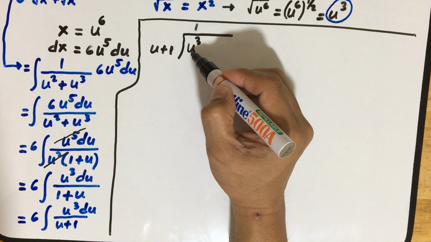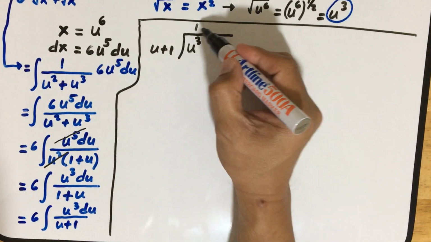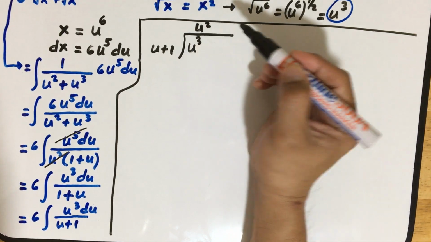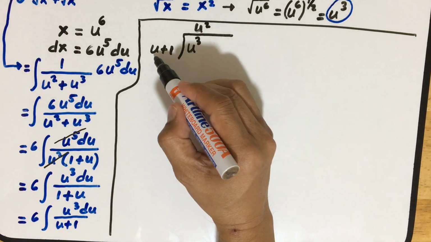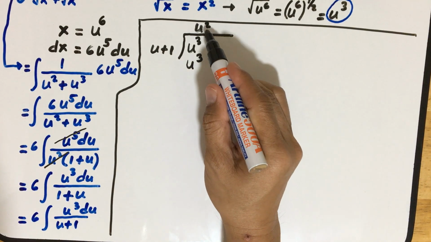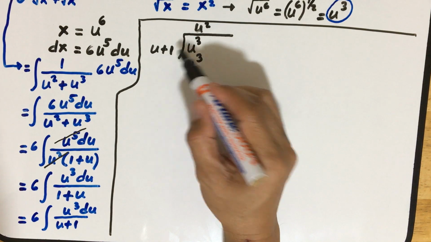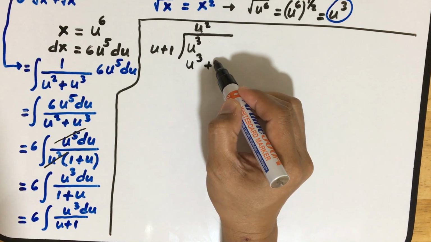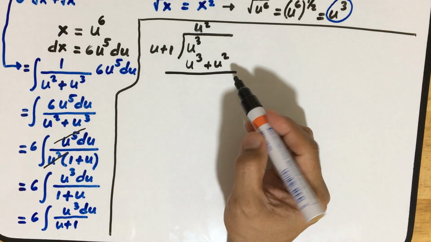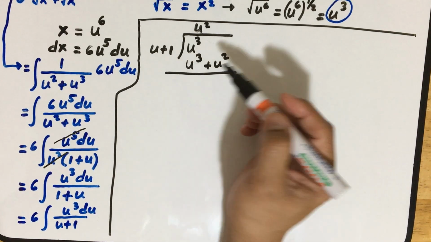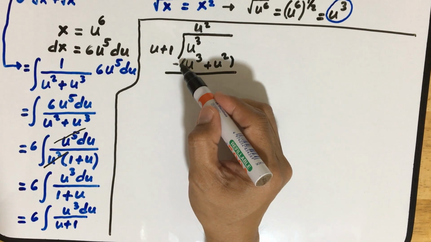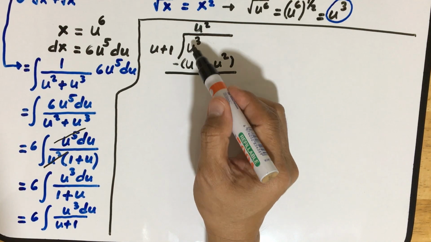So u cubed divided by u is u squared. Then u squared times u is u cubed, and u squared times positive 1 is positive u squared. The rule here is after you do that, you have to subtract. When you subtract, you change the sign, then you add.